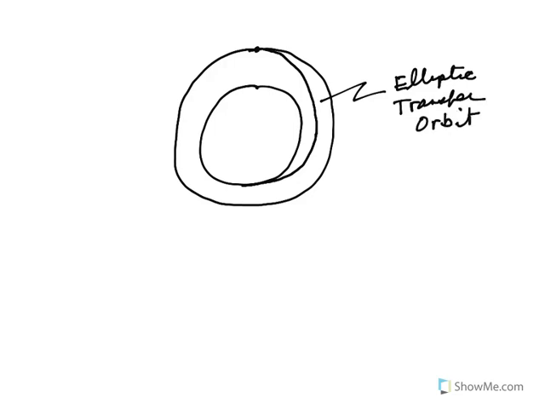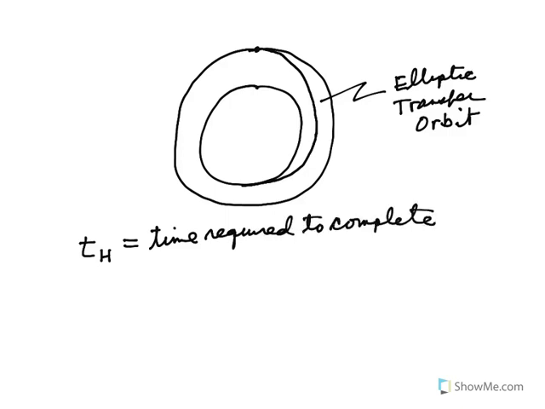Given that it's half an ellipse, this is the time required to complete the Hohmann transfer.